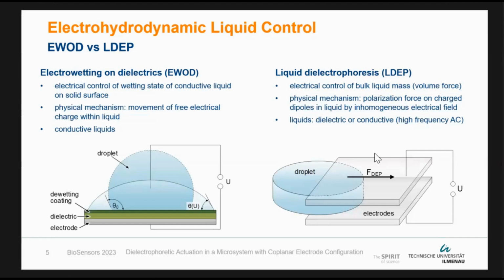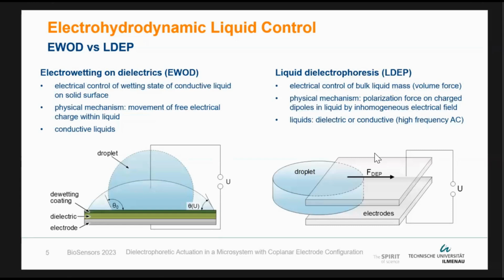So now, upon application of a voltage, the free charges within the liquid accumulate near the surface, and at this contact line, this leads to a Maxwell stress, or a mechanical stress that distorts our liquid volume, and then we spread our droplets.